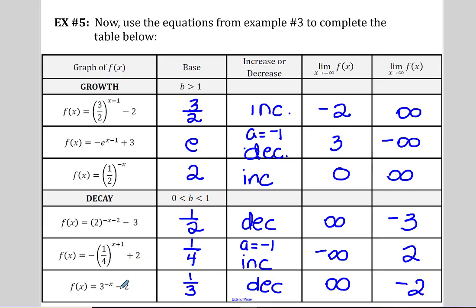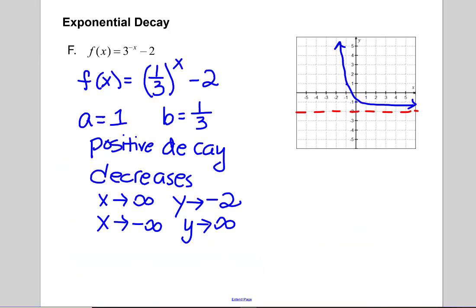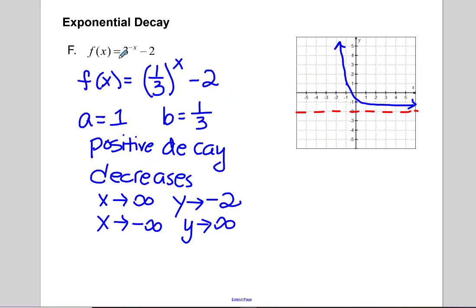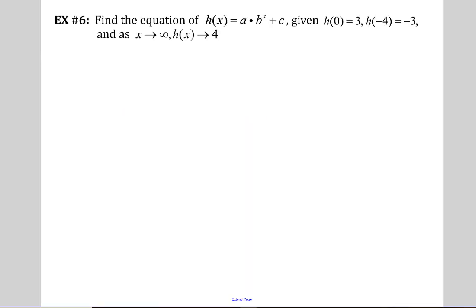See, I'm thinking about whether they're lying above or below the asymptote in each case, and you could go back and check those. See, this decay one, the negative caused me to lie below the asymptote. And this one, our a was positive, so I'm above the asymptote. So you just have to put all that together.